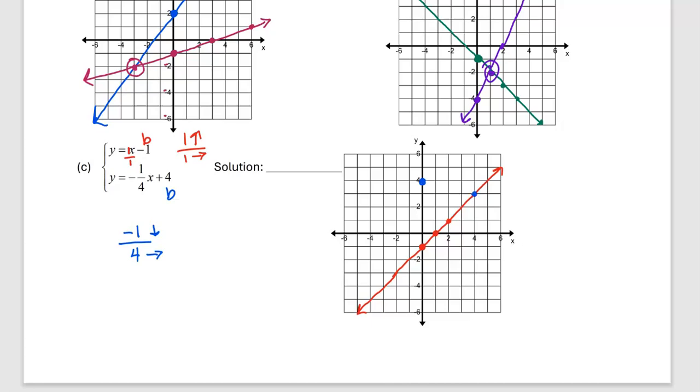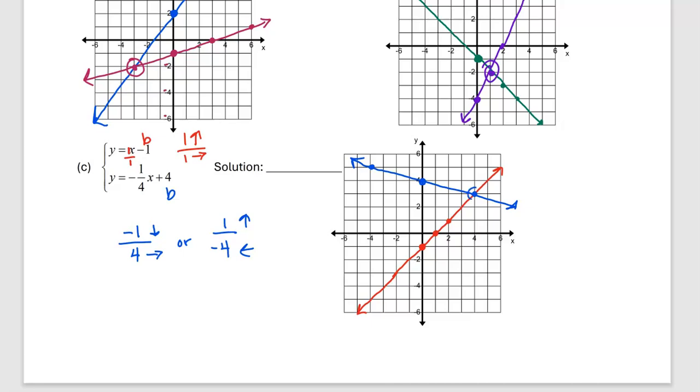If I couldn't go down 1 and right 4, then I would give that to the bottom, and I'd go up and left, which is going to actually give me the same exact line. If you'll notice, I'm still on the same line. It's just a different way to get our second point.